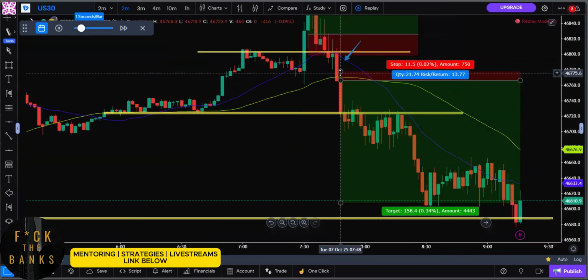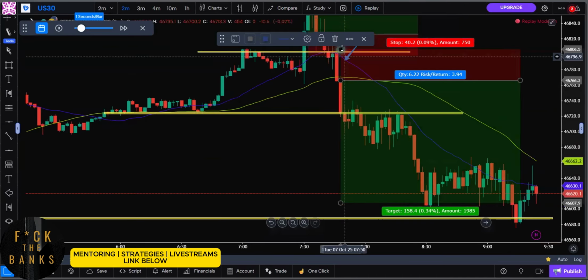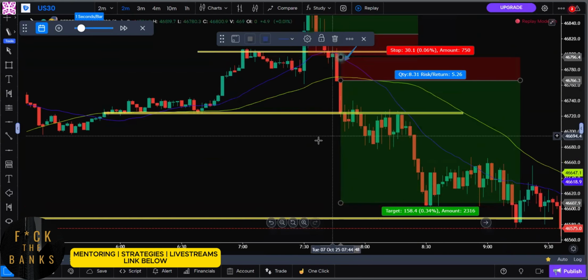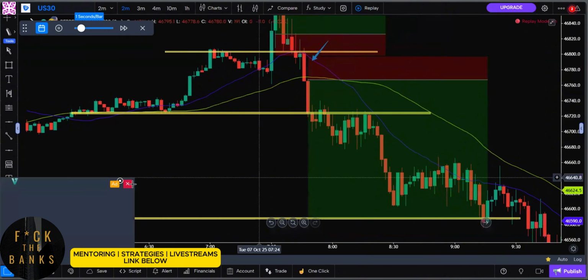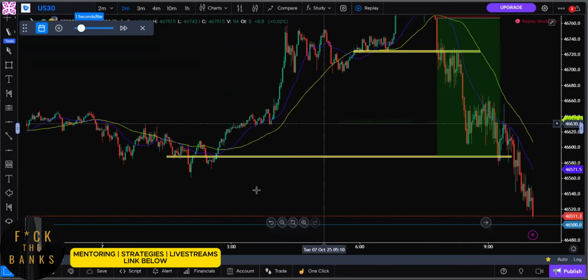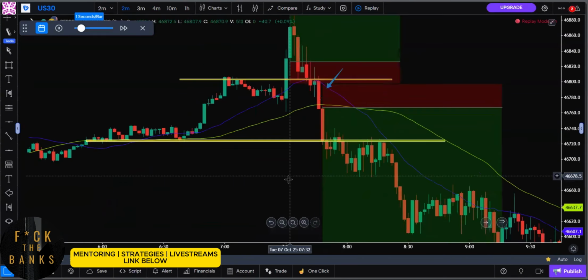My stop loss was a little tighter around here, and it ran for 1 to 6. After that, it just went beyond the low of the day, and that was another fantastic trade that we took.